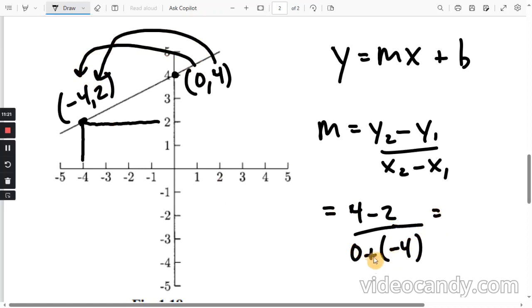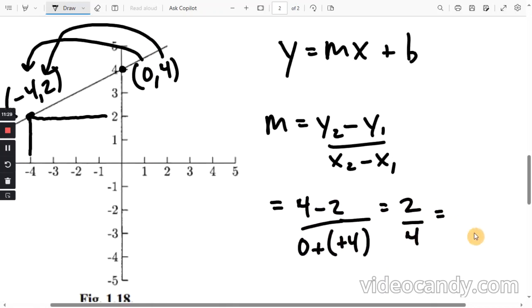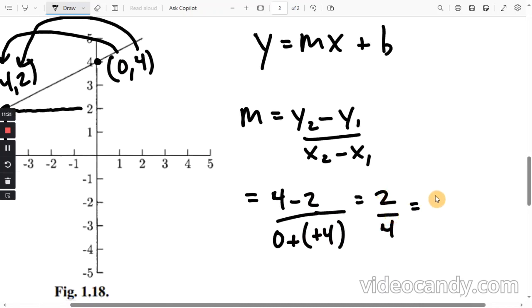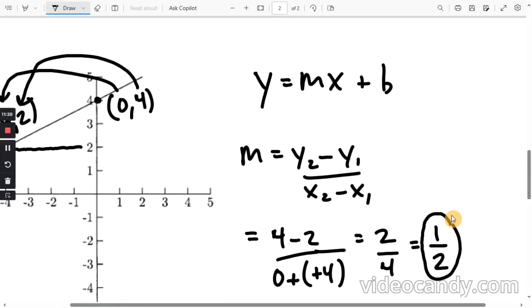The two negatives make it positive. 4 minus 2 is 2, and 0 plus 4 is 4. And reducing, they're both even numbers. 2 divided by 2 is 1. 4 divided by 2 is 2. All right, that's your slope m. So the 1/2 goes right in there.